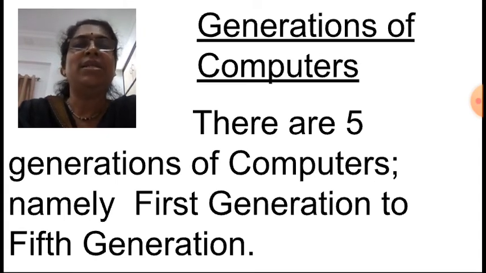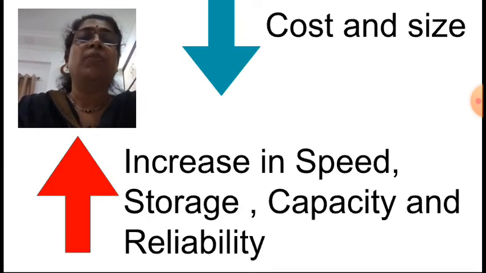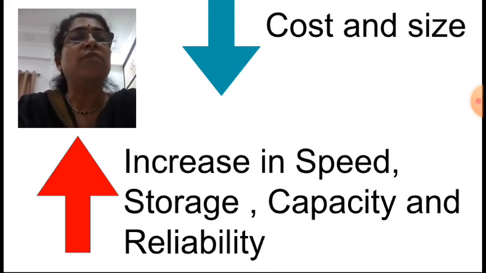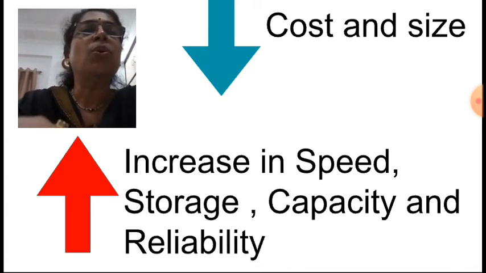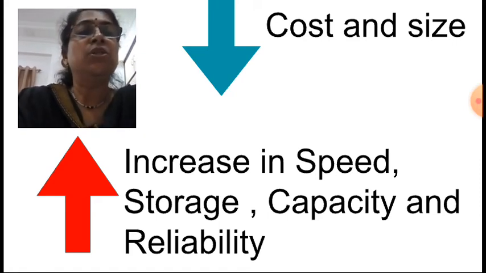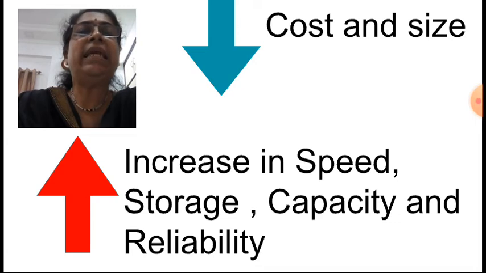Now, in each generation there are changes in the development of computers, but two things were common: the cost and the size of the computer were getting reduced, whereas the speed, the storage capacity, the working capacity and the reliability of the computer increased.